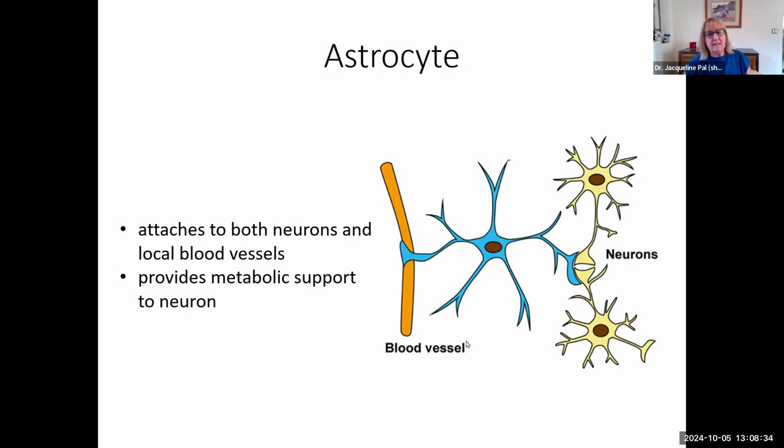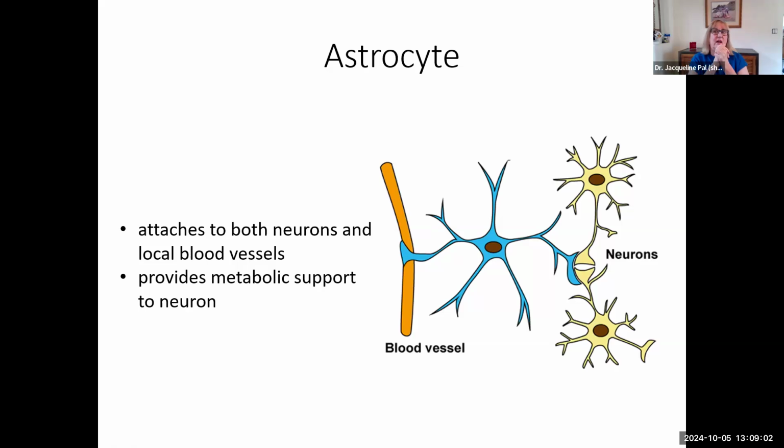And then also notice that it has processes that attach to blood vessels. In doing so, this allows it to bring the nutrition from the blood vessel to the neurons, because the neurons actually don't touch the blood vessels. So they can't get any nutrition from the blood vessels directly. And so this is how it provides the metabolic support.